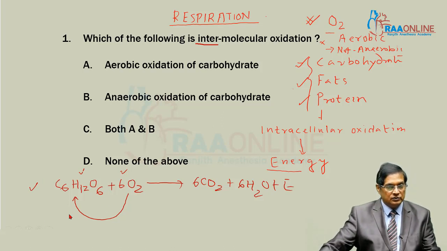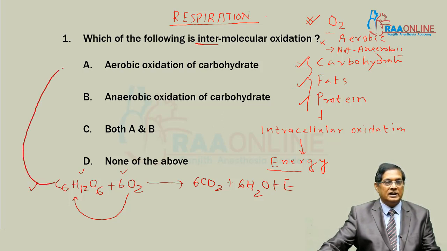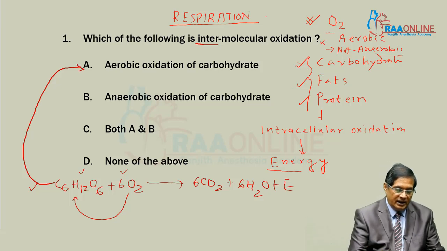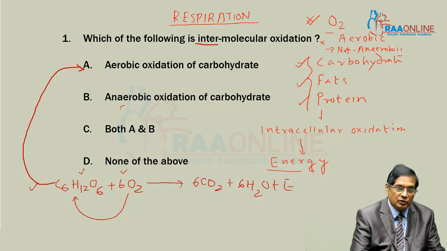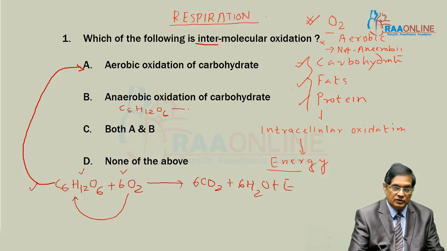Why is oxygen used? Oxygen is used for the complete oxidation of carbohydrate. That's what is called intermolecular. In the anaerobic case, it is intramolecular, that is C6H12O6 without using oxygen of the atmosphere gets converted into C2H5OH plus 2CO2.